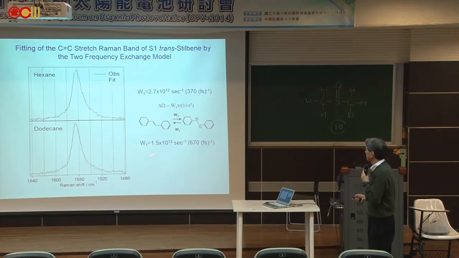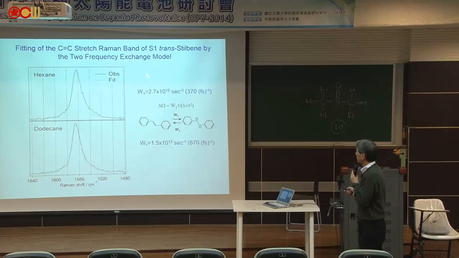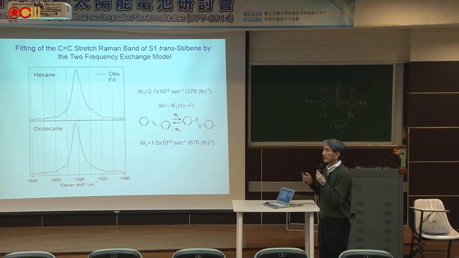But in dodecane, it goes into a single bond only in every 700 femtoseconds. So the rate of polarization is almost doubled in hexane compared to dodecane. This is because the solvent fluctuation is much faster in hexane than in dodecane.